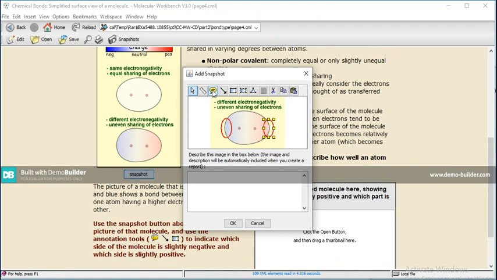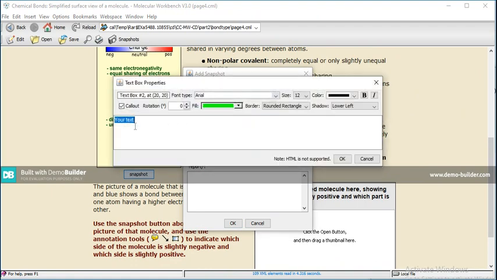So now we are going to write. You have to wait until the place where to write comes. Okay, this side is positive.